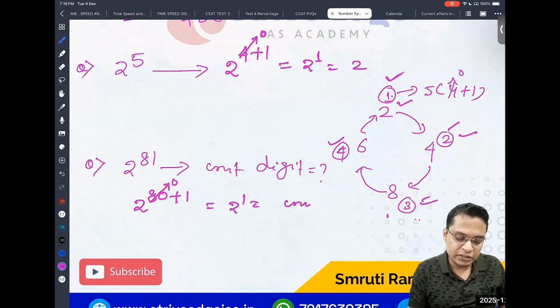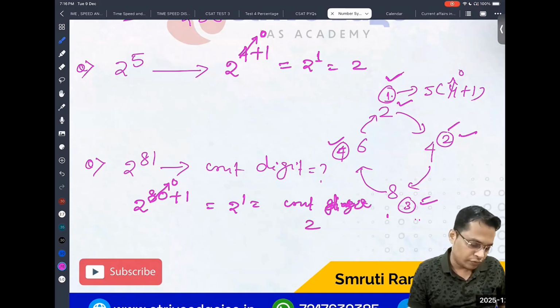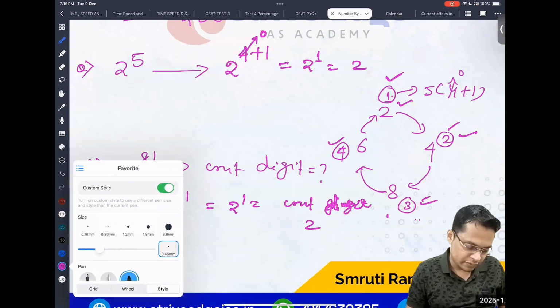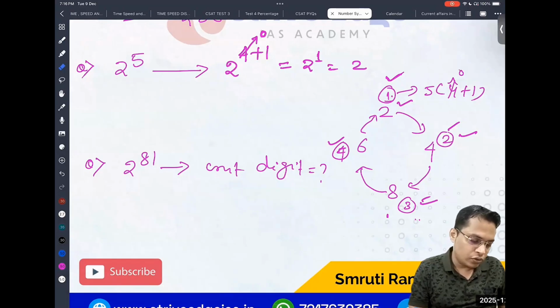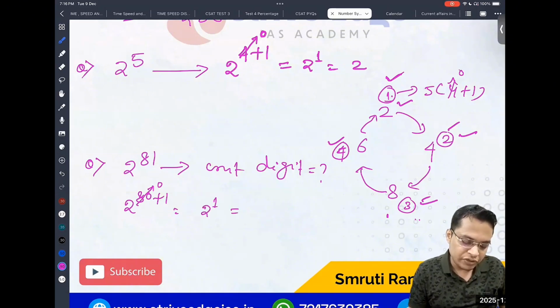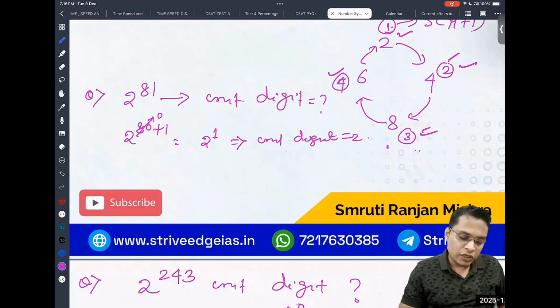So the unit digit is 2. I'm just rewriting it: I can write this as 2 to the power 80 plus 1, eliminate the multiple of 4, and it is 2 to the power 1. So the unit digit is 2.